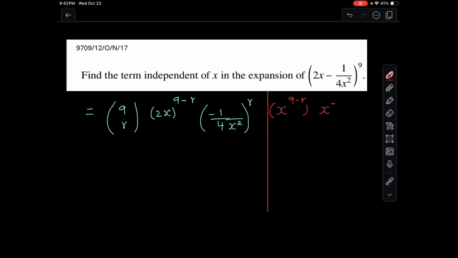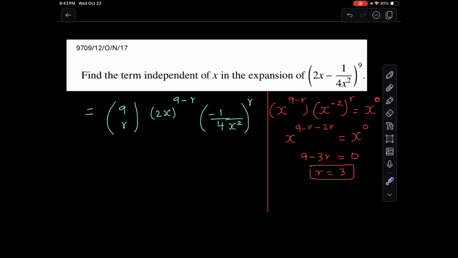If I take it in the numerator, it's going to be x to the power of minus 2r is equal to a term independent of x, means the power should be 0. So add the exponents. So 9 minus r minus 2r is equal to x to the power of 0, or 9 minus 3r is equal to 0. r is equal to 3.